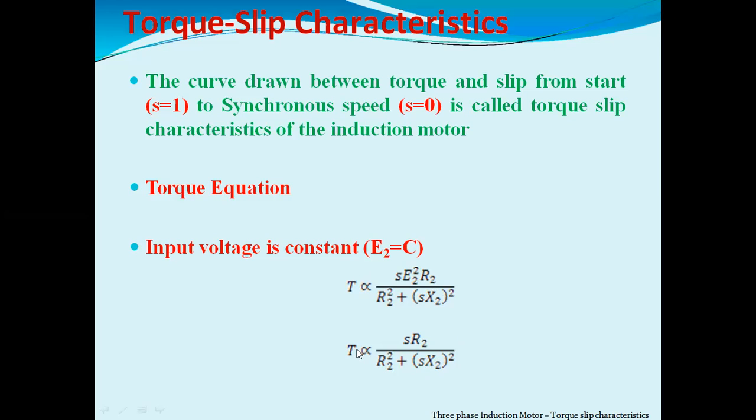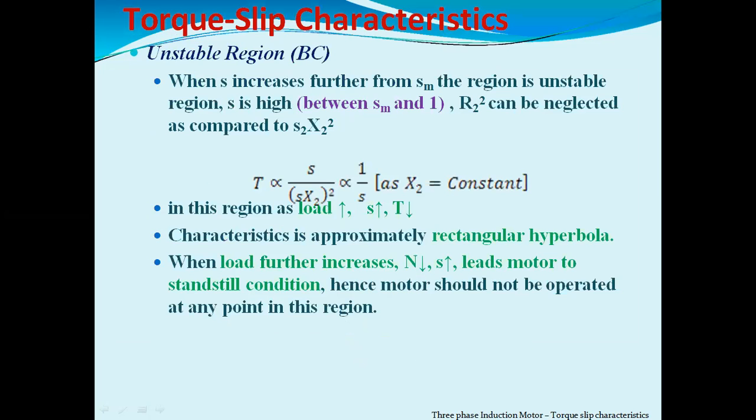At that time, if we neglect R2, our equation will become torque equal to 1 upon S x2. So if you take reactance as a constant, torque will be inversely proportional to S. So in the unstable region, torque is inversely proportional to S if you take the reactance of the rotor as a constant.